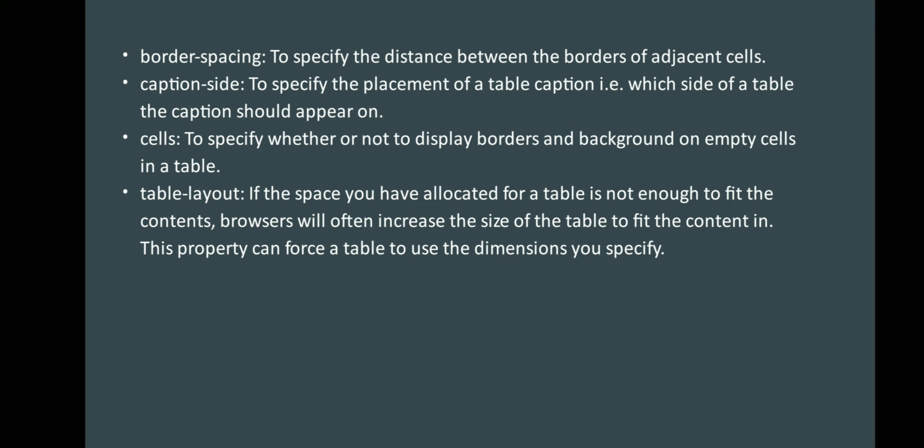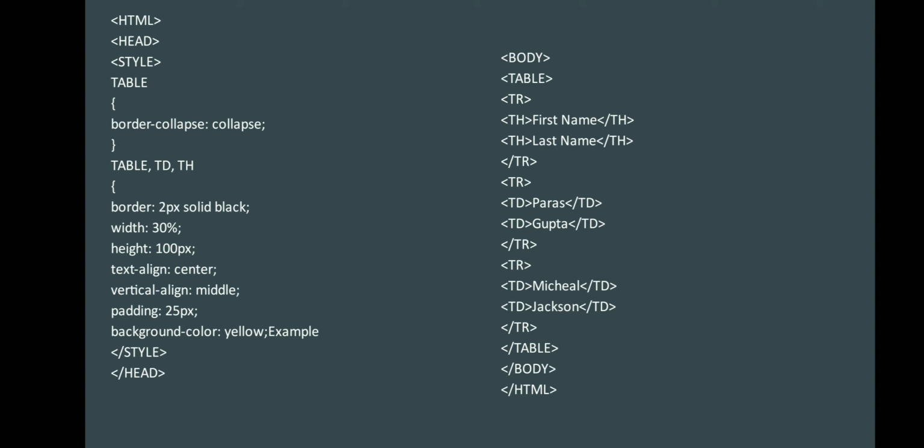So the browser only takes the dimensions given by the user, that is height and width of the table. So these are the properties which we can use in table CSS.